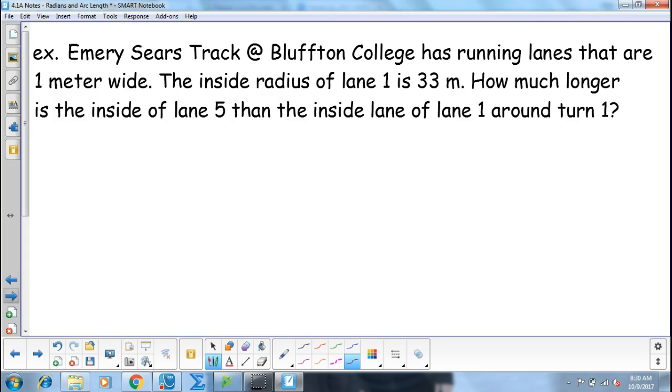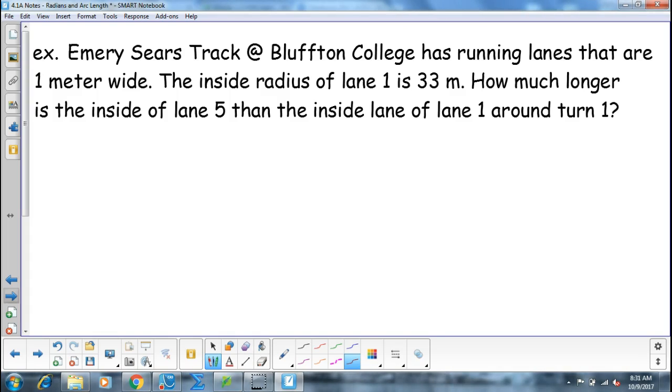How many degrees is turn 1? Anybody in track here? Anybody ever seen track? The track looks like this, right? Except it's more exact. So turn 1 would be right there.